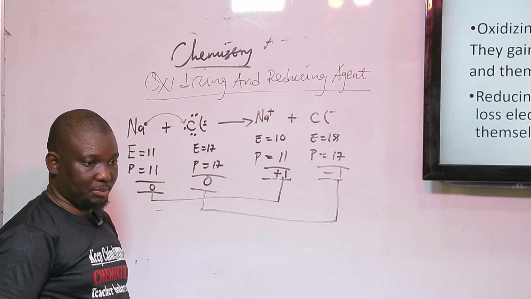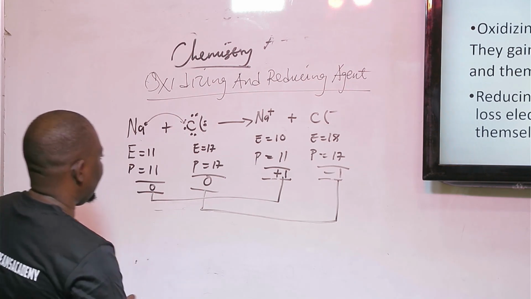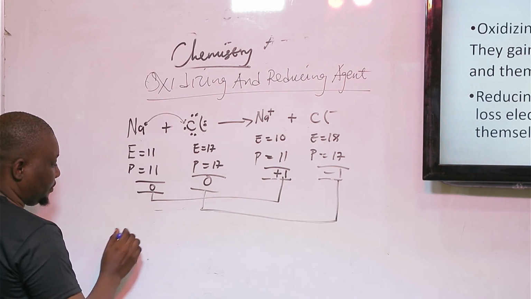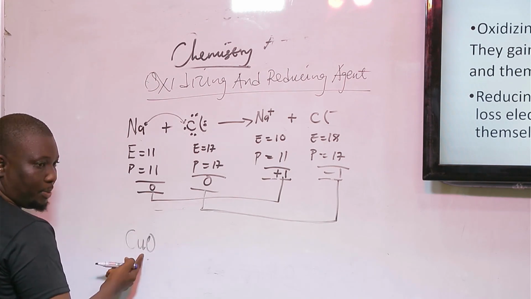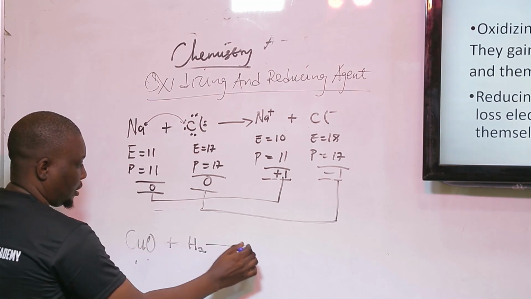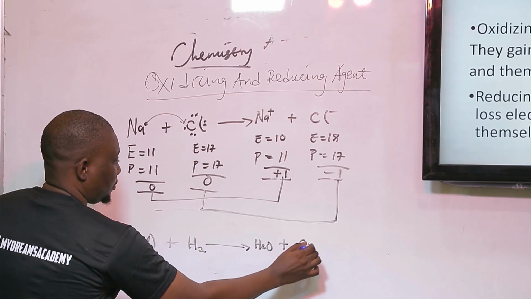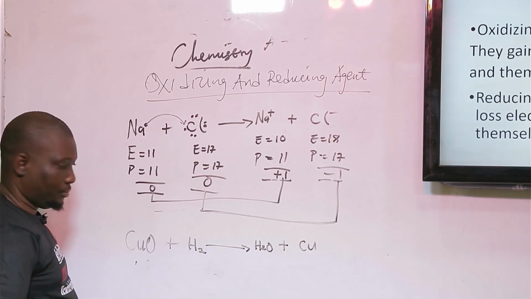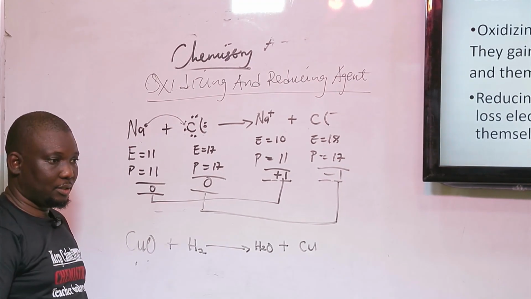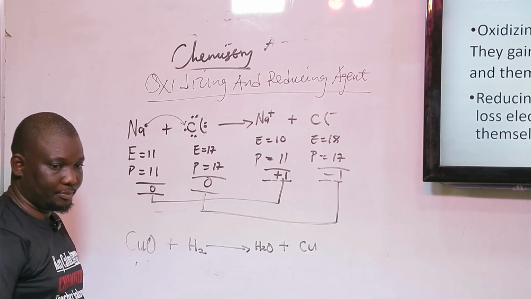Are you with me? Okay, now quickly, let's also look at this scenario. Supposing I have something like CuO, copper(II) oxide, plus H2, and then I have H2O plus Cu. In this reaction, which one is the oxidizing agent and which is the reducing agent?